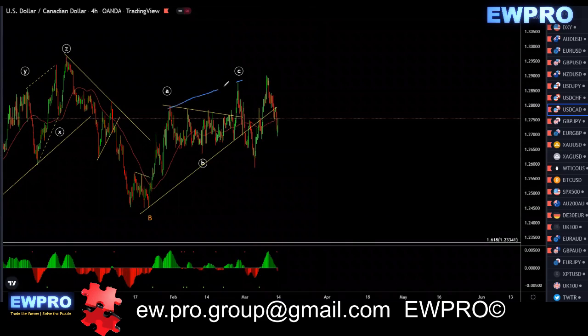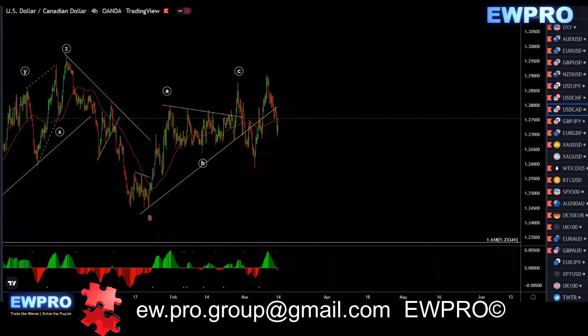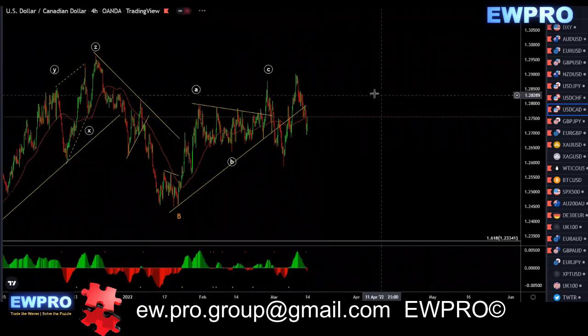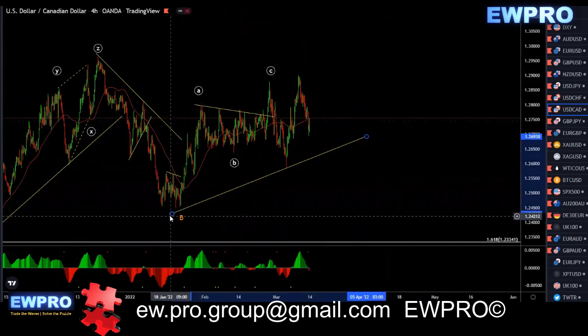So this may be some sort of a flat in here for an A, B, C up here, and then we get an A, B, C. But at this stage, because we don't have any bearish divergence between here, you can really only look for the buy. It's becoming very complex.